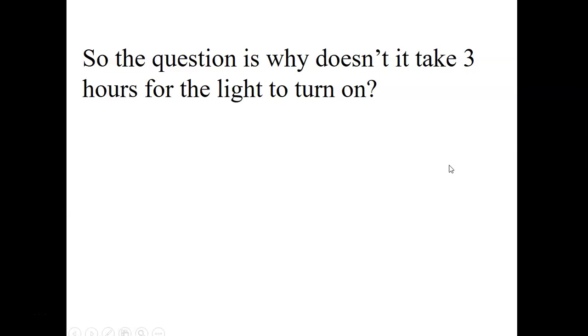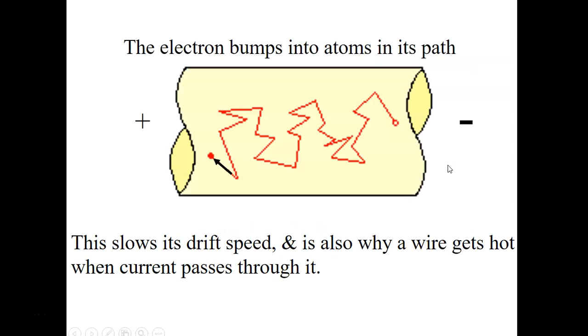All right. As these electrons are moving around like this, they're constantly bouncing around and bumping into things. They smack into the atoms in the resistor, just like the animation showed, and that's what causes the wire to get hot, the electrons bumping into the atoms.